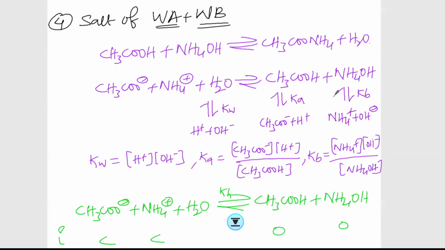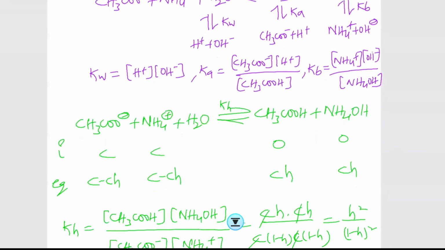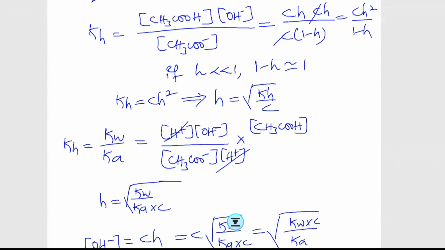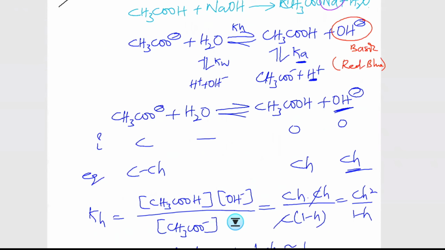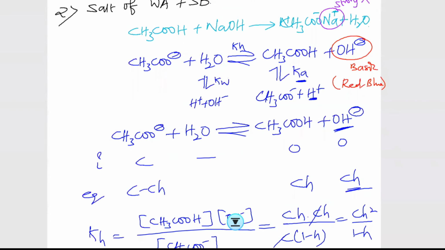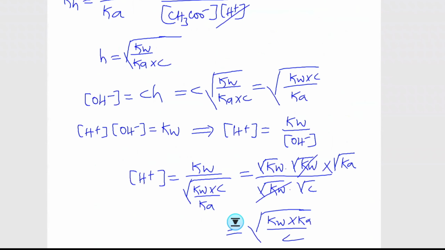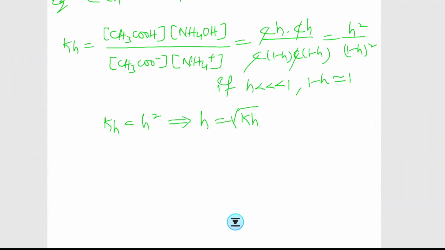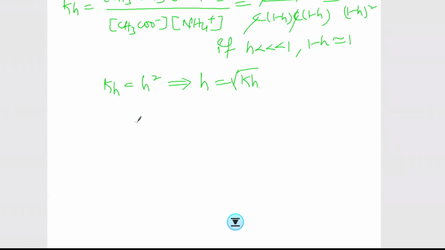Because H plus ions are not there individually, we can calculate it from Ka. In the last class we calculated H plus from the ionic product of water, by using that equation, right? So here we are going to calculate H plus using the dissociation constant of the acid.